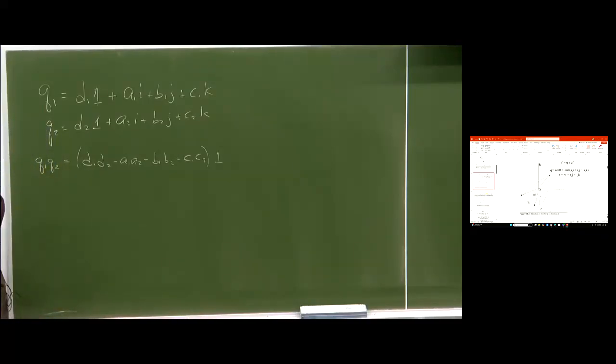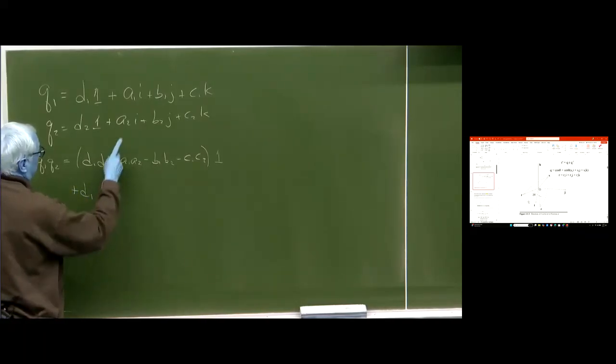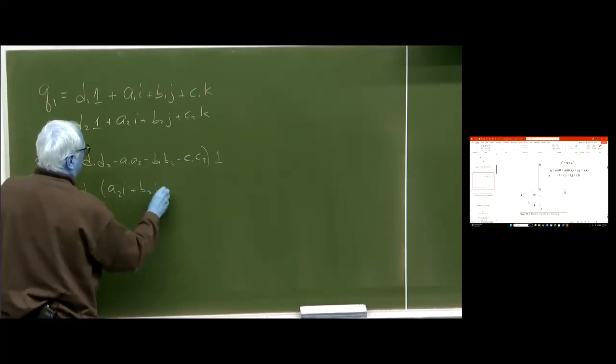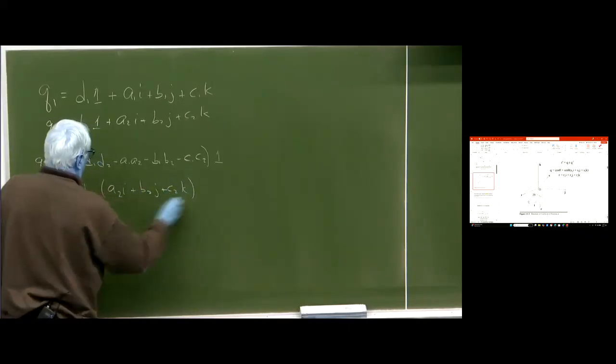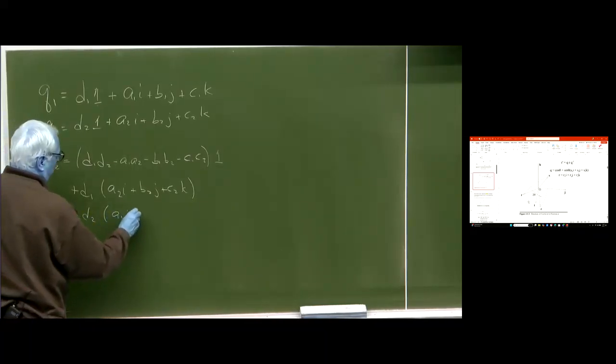And then the easiest way to remember the rules was to say, it's the scalar part of the first one times the vector part of the second one. And then we had the scalar part of the second one times the vector part of the first one.